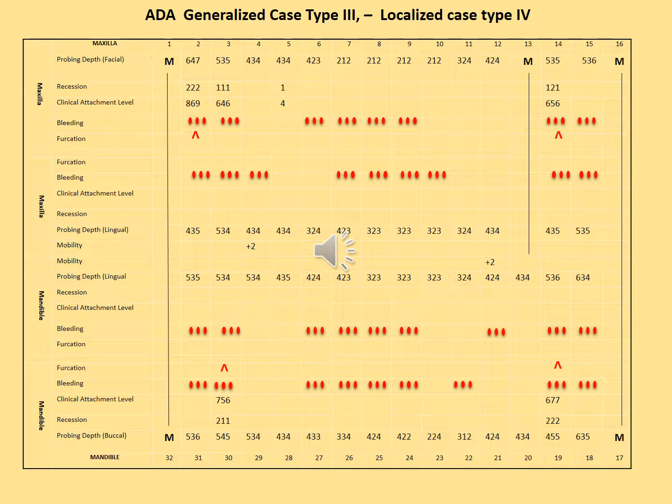This patient has generalized bleeding and furcations 1 and 2 on teeth number 2, 14, 19, and 30. This patient also has mobility class 2 on teeth number 4 and 12.